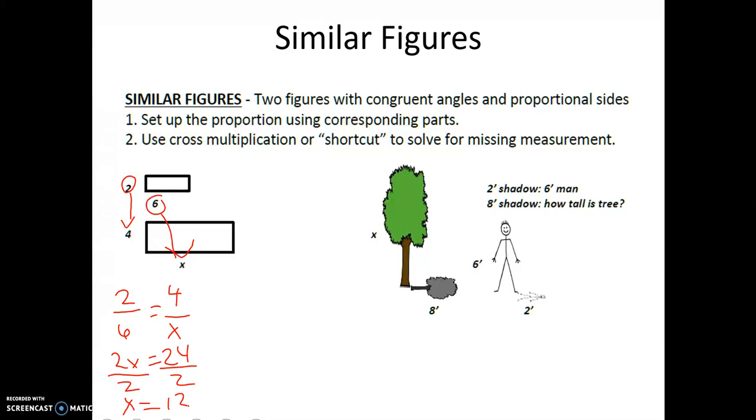Okay? And then the man in the shadows. So the x and the 6 are corresponding because those are the heights, and then the 8 and the 2 are corresponding. Those are the shadows. So this is for the tree, and this is the person.